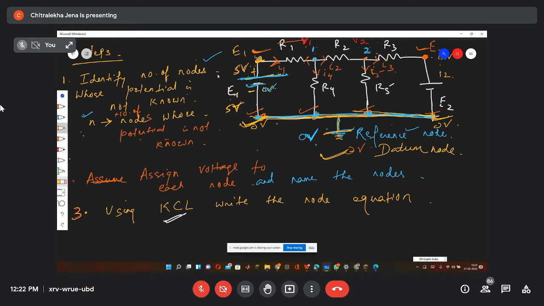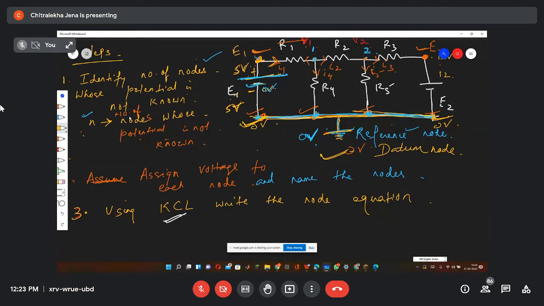You assume any direction, and after you get the answer you will automatically get a plus or minus sign. If I get a plus sign, the current is actually flowing in the direction I assumed. If I get a negative sign, the current is flowing opposite to what I assumed. Am I clear now? Got it, all of you?